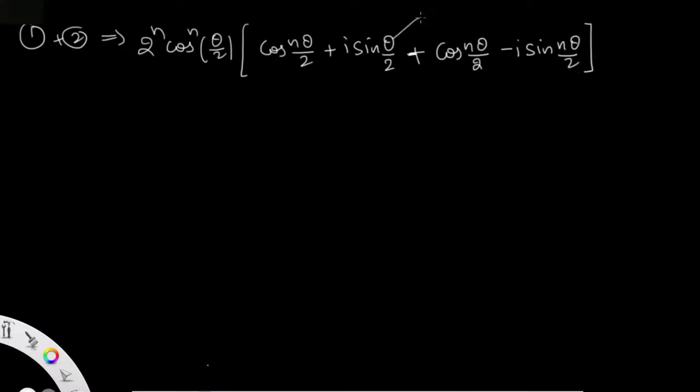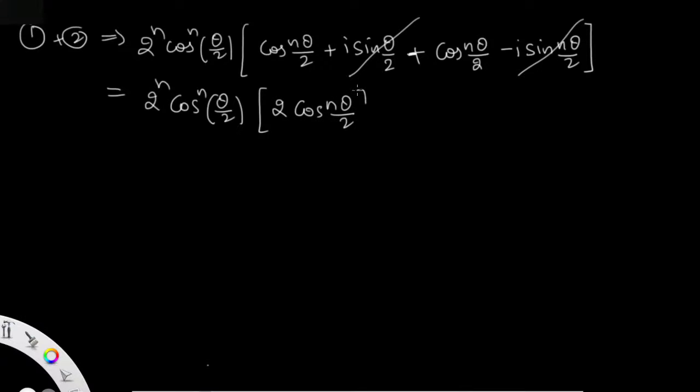Now the sin terms will get cancelled. That implies 2 to the power of n into cos power of n of theta by 2 into cos n theta by 2 plus cos n theta by 2, that is making 2 cos n theta by 2 as usual. So here 2 is there, 2 power n is there.